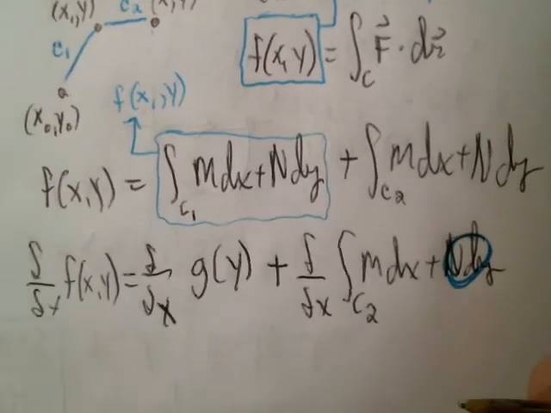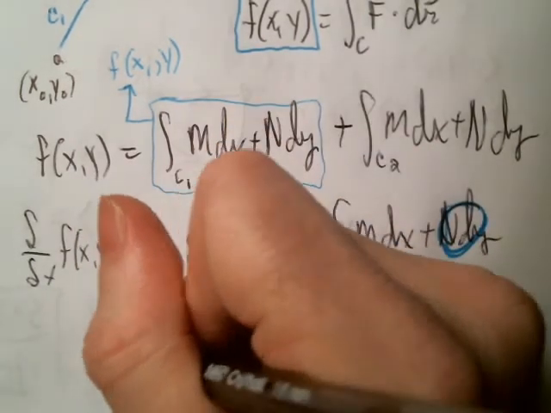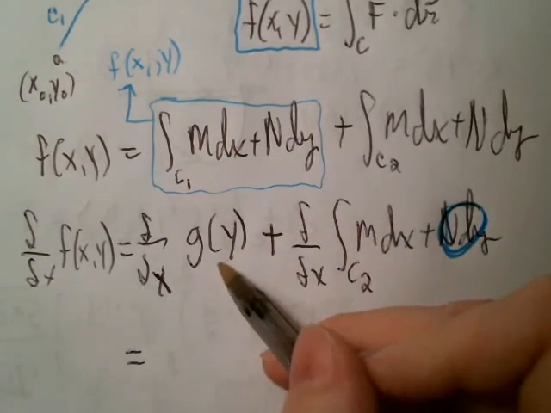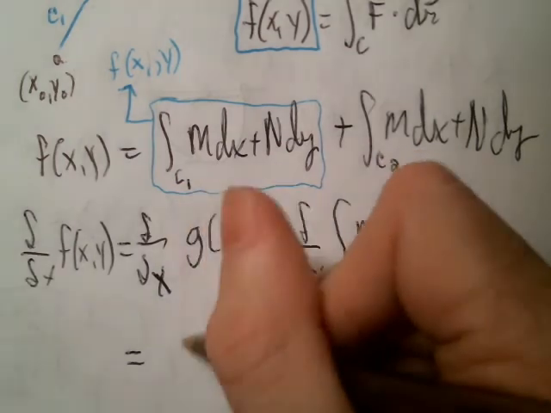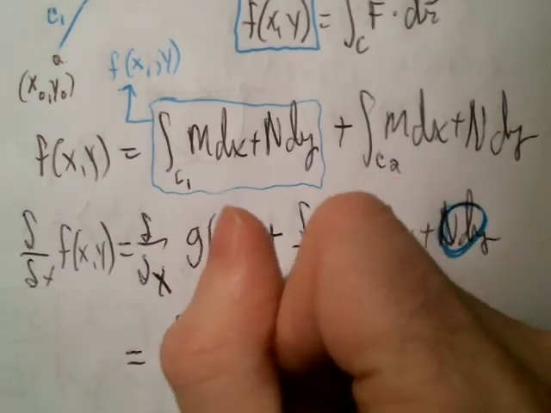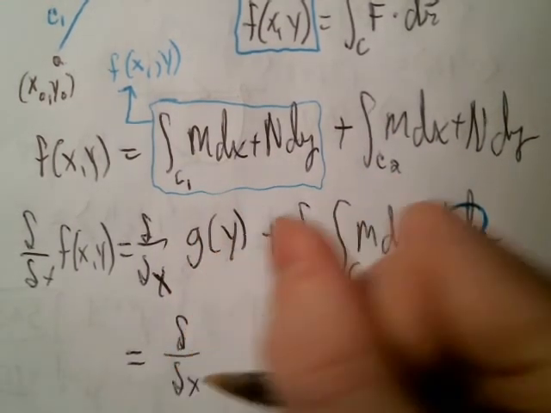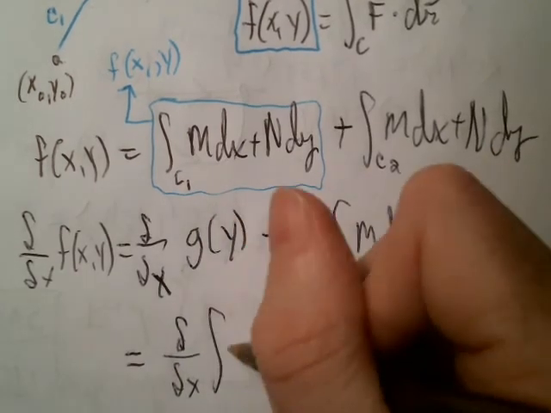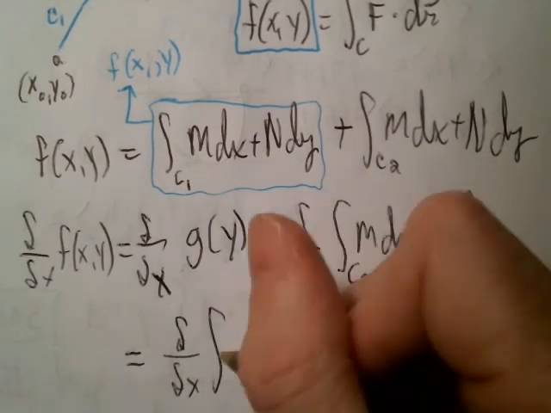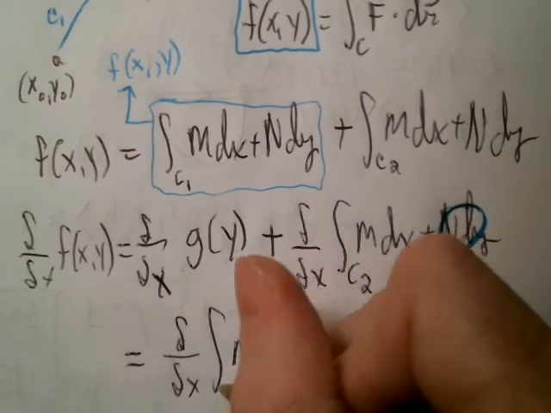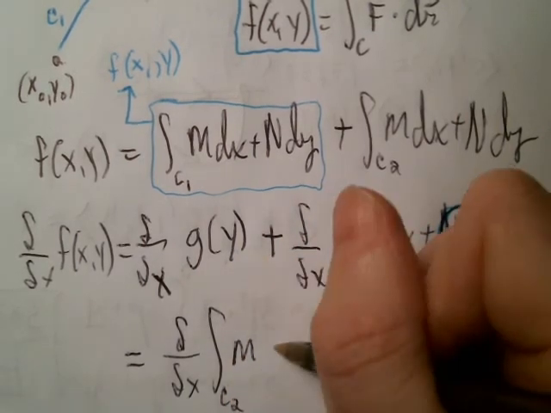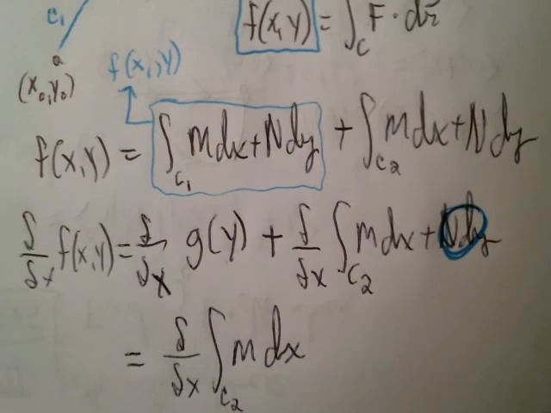All right, so then the partial with respect to x of this part would just be 0, and you're left with the partial with respect to x of the line integral, or at least this part of the differential form of the line integral over C2 of m dx.